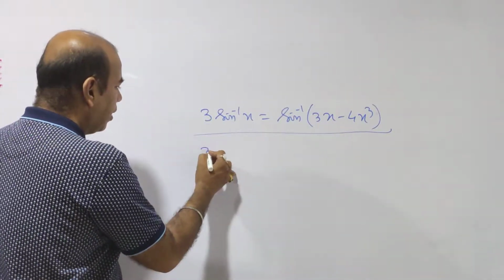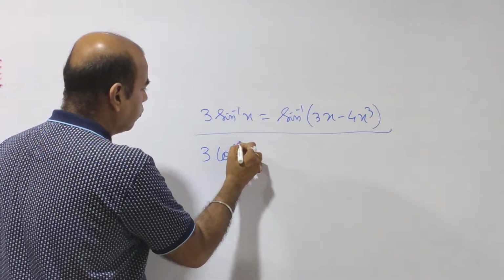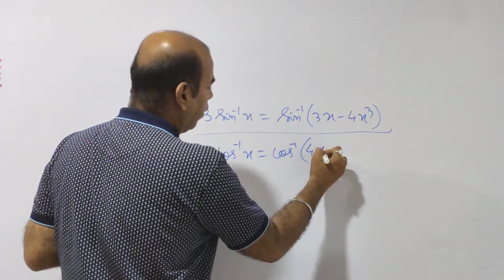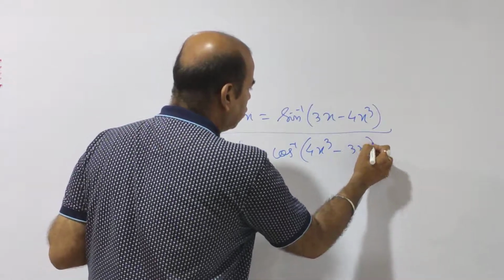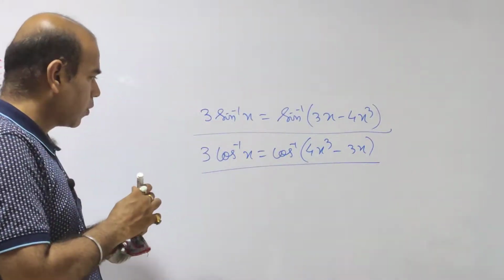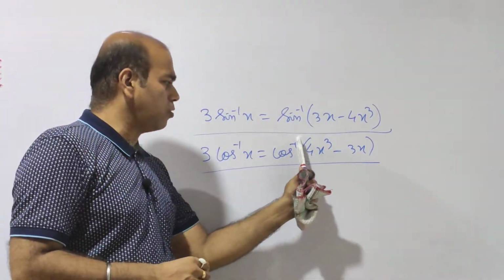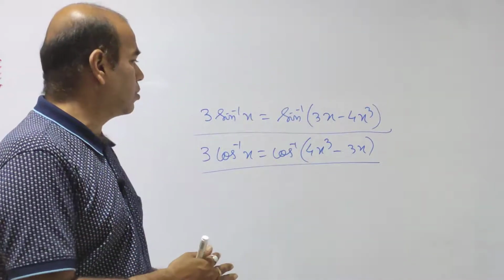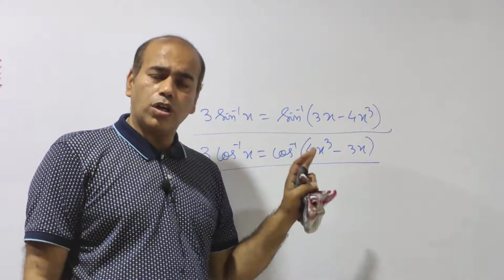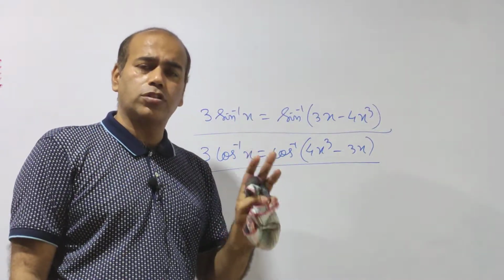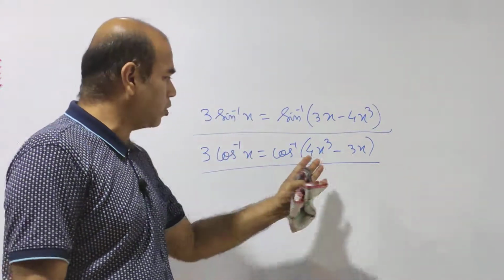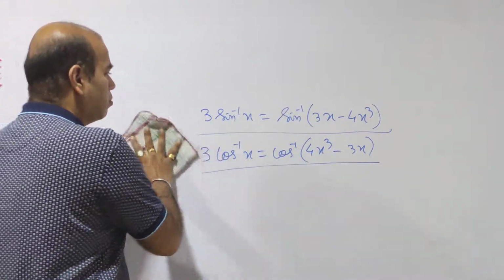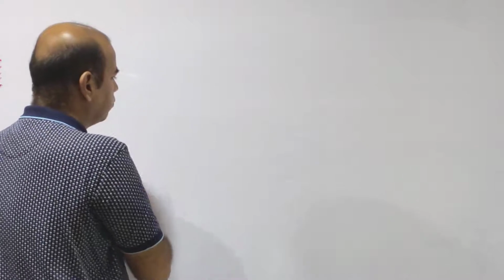Same way, I can write 3 cos inverse x is cos inverse 4x cube minus 3x. Again, same it is. Cos 3a formula is only 4 cos cube a minus 3 cos a. That's what it is. Same way, there is 3 tan inverse x also.